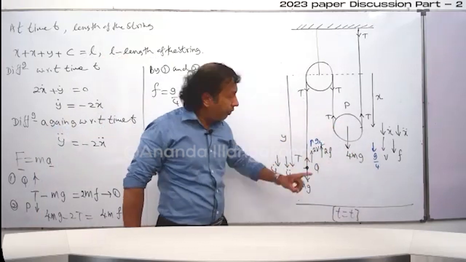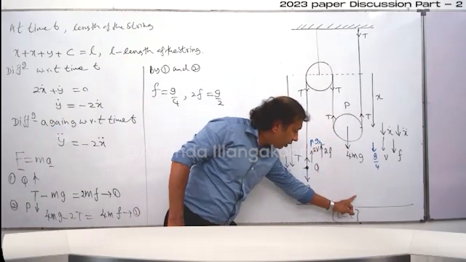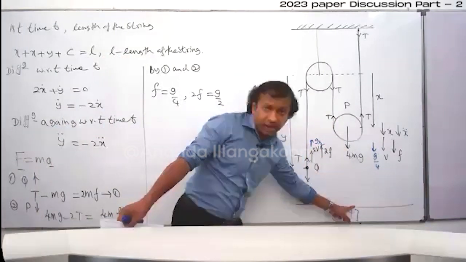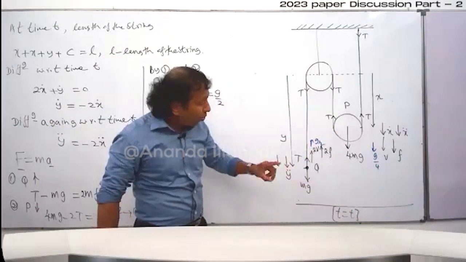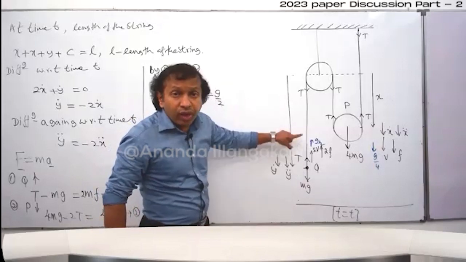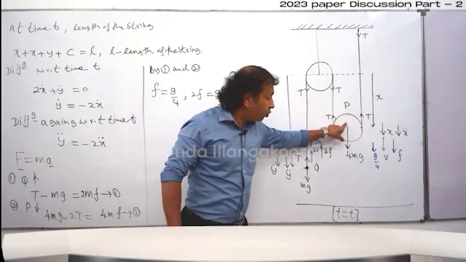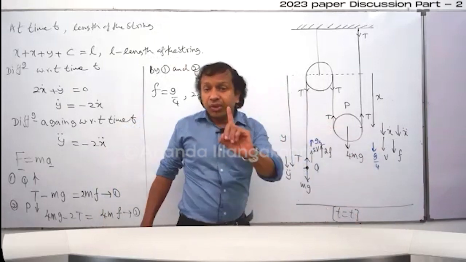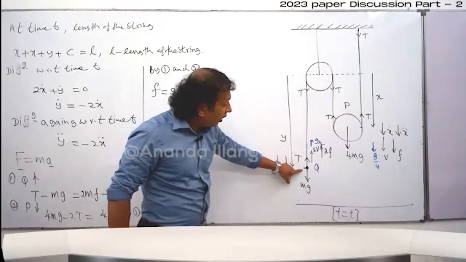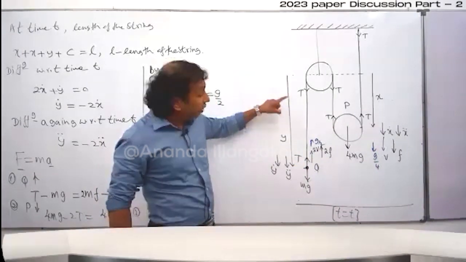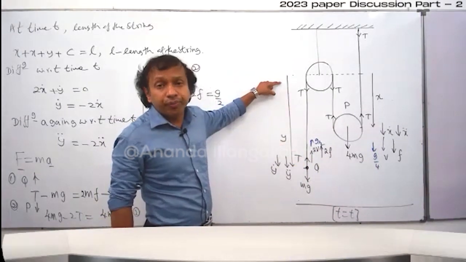Then what happens? Once this particle P comes to the ground, it has moved a distance a. Meantime, at the same moment, from this position, Q will have moved a height 2a. If the velocity of this P when it hits the ground is v, at that moment at a height 2a from this level, this Q will have the velocity 2v.